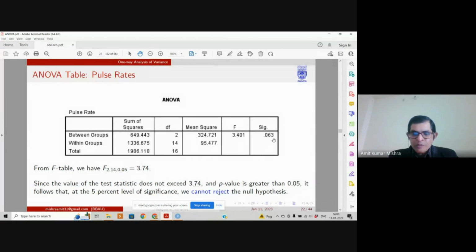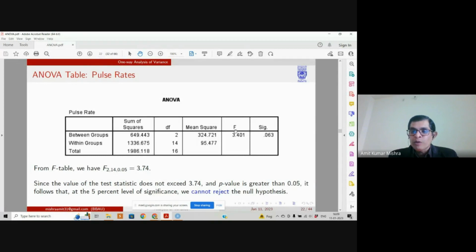You know that if I fix alpha as 5%, my p value is more than 5%. So we are not going to reject the null hypothesis. If your p value is less than alpha, you reject the null hypothesis. If you focus upon the critical value, it is 3.74 and the observed value is 3.4.